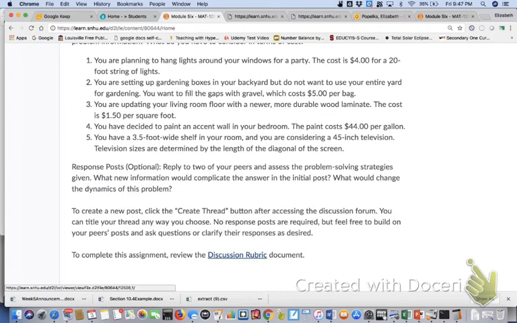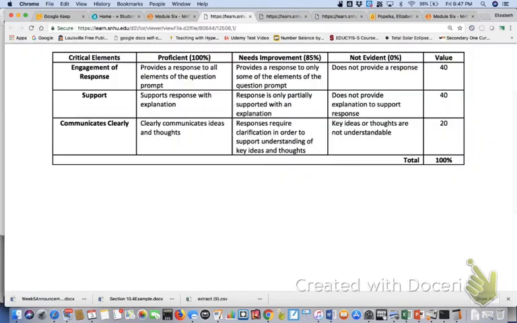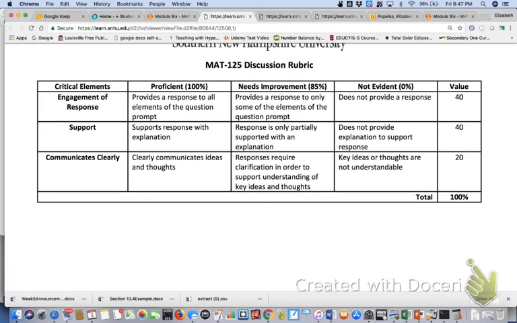And let's look at the discussion rubric really quickly to make sure that everybody has looked at it. Right here, interestingly enough, this is the one that, at least in all of the submissions I've graded in the past, is where we're lacking the most. Somebody forgets to answer just a part of the question.